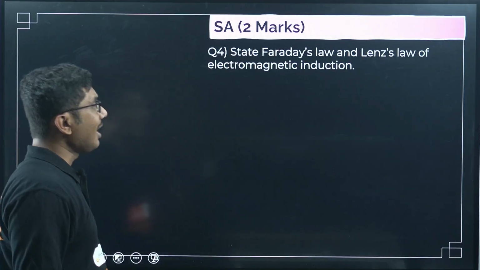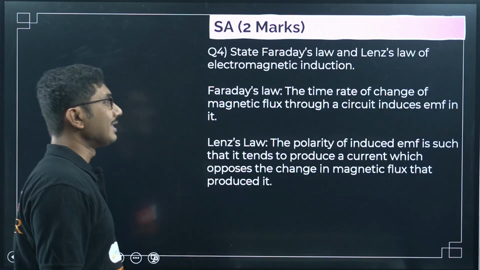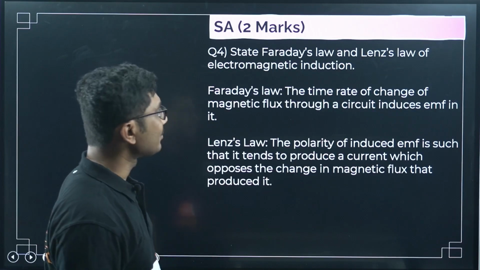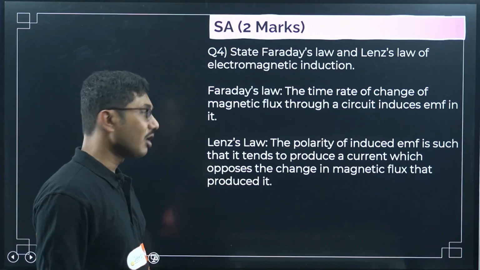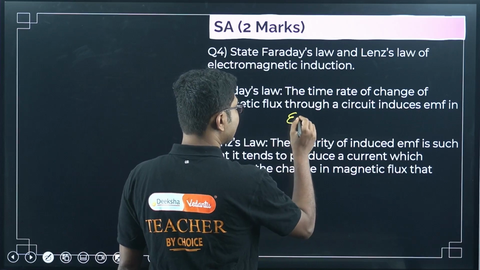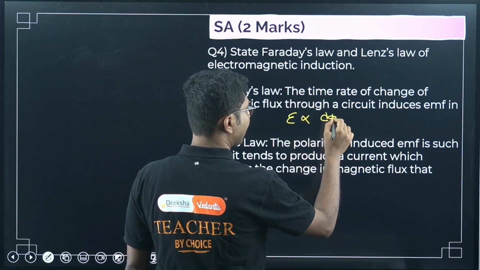State Faraday's law and Lenz's law of electromagnetic induction. So what is Faraday's law? The time rate of change of magnetic flux through a circuit induces EMF in it. So basically, the induced EMF epsilon is directly proportional to the rate of change of magnetic flux.